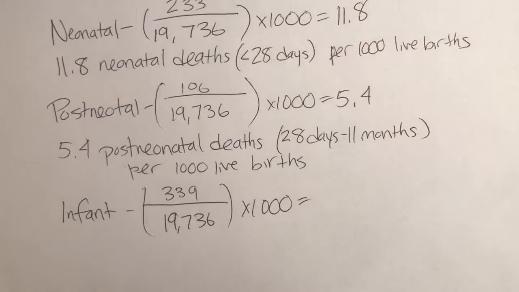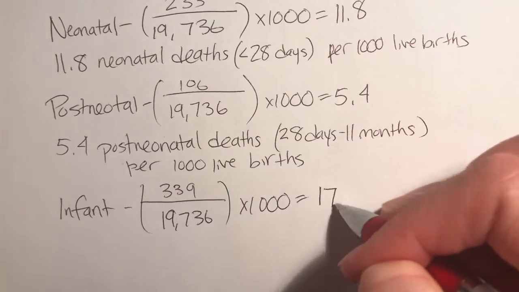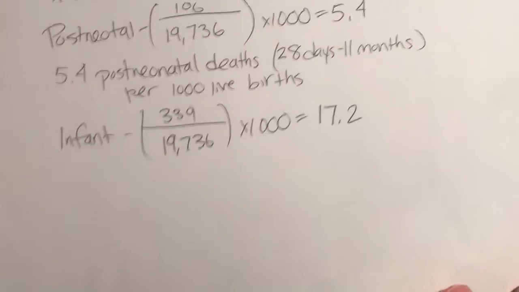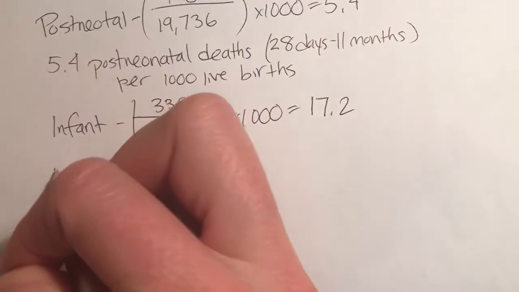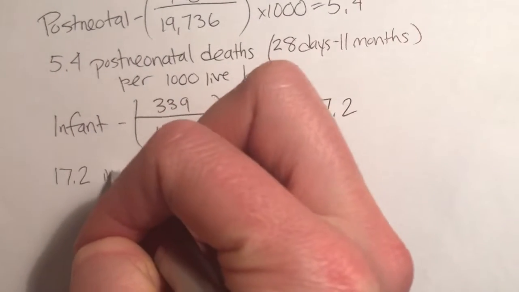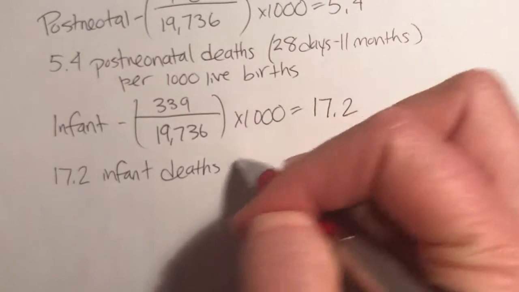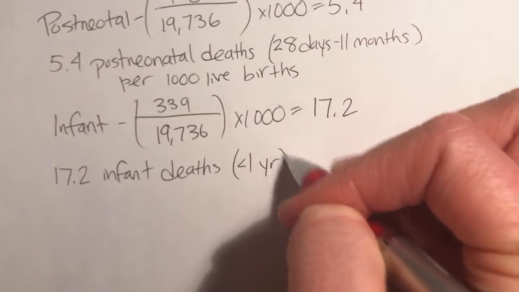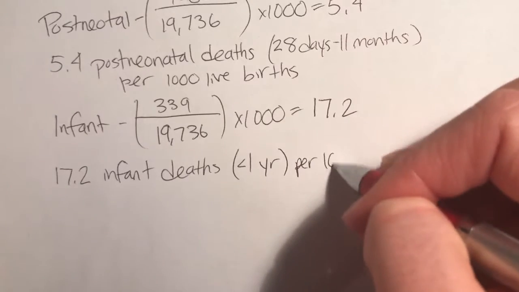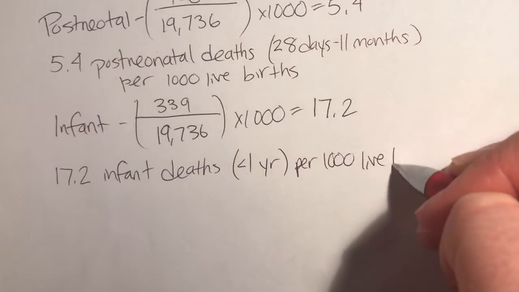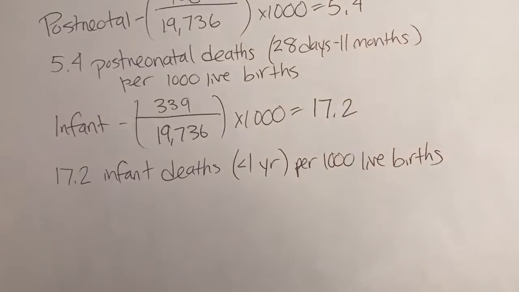As we plug this into our calculator, we get a rate of 17.2 with rounding. So that tells us we have 17.2 infant deaths, under 1 year of age, per 1,000 live births.